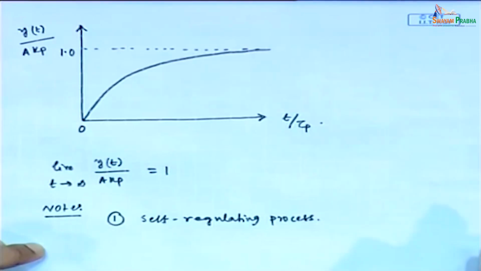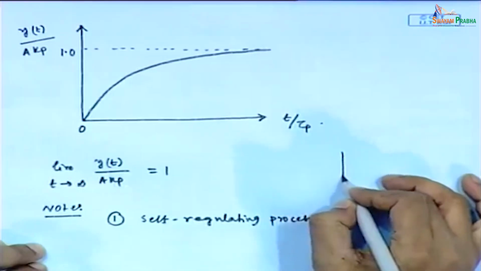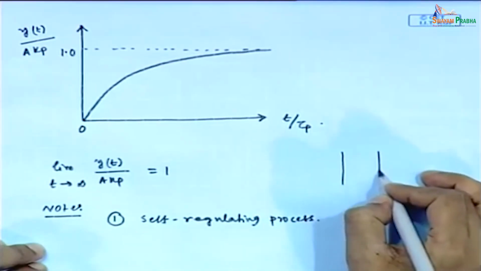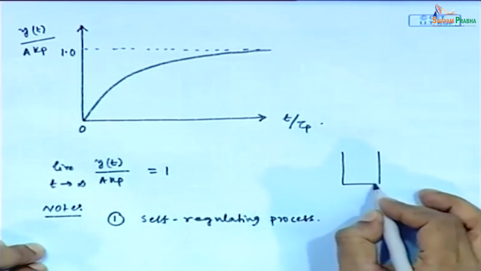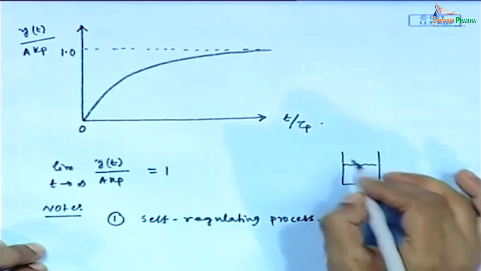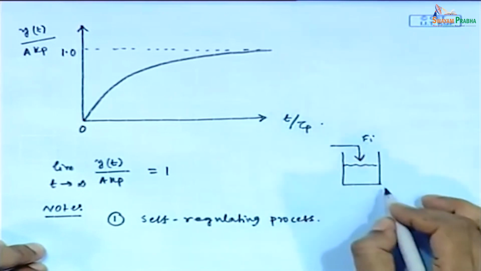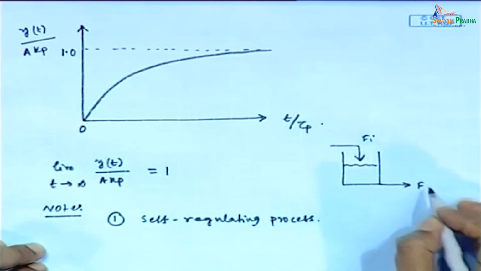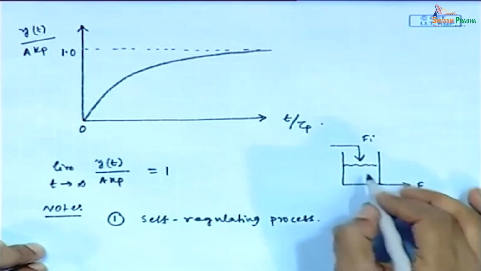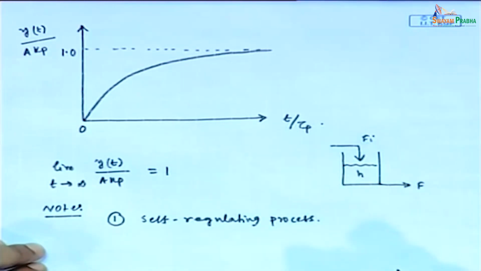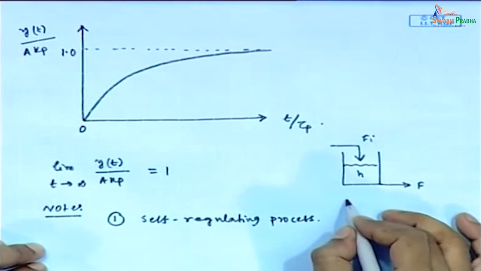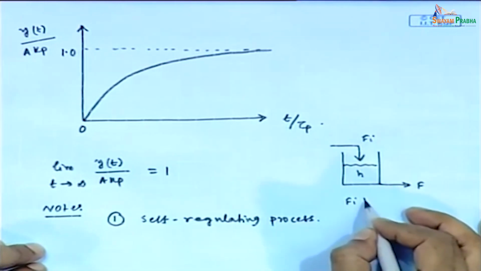If we take one example, then I think it will be clear why this is self regulating process. We can consider a liquid tank system. Input is F I, output is F, height is h.